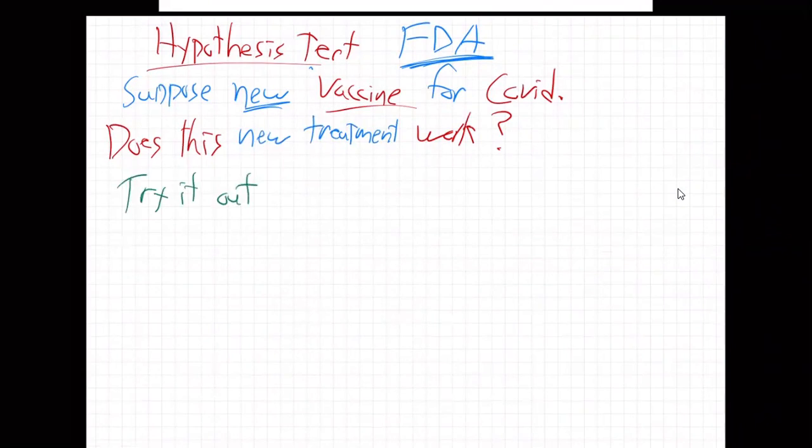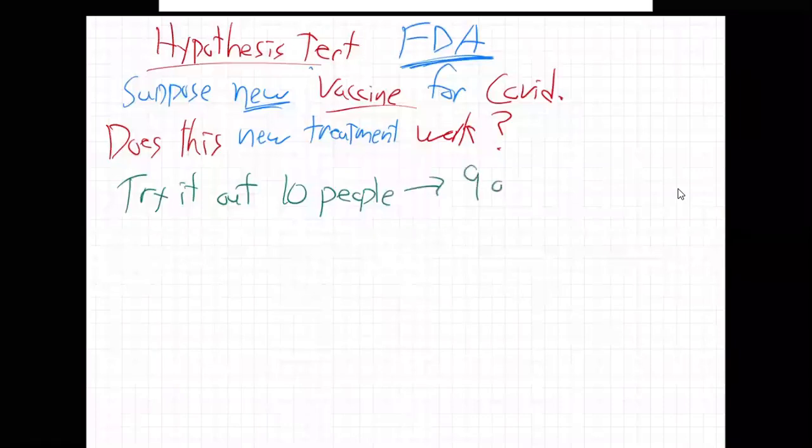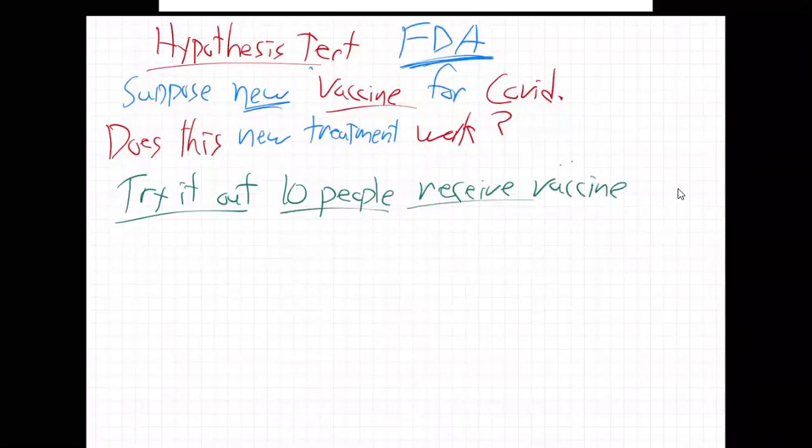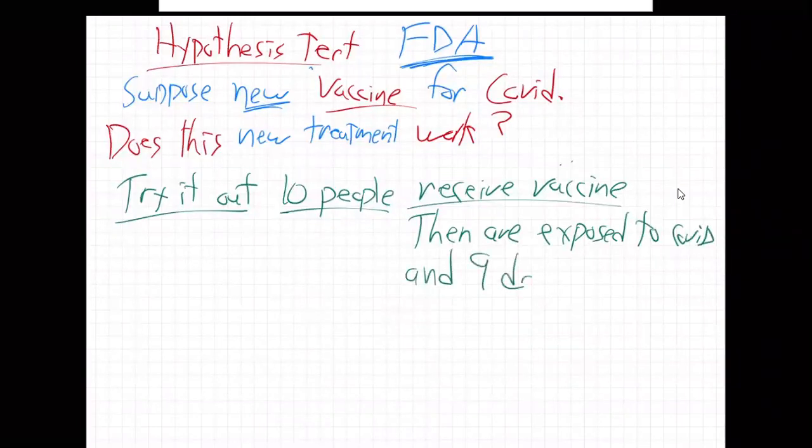Suppose they give it to 10 people. 10 people receive the vaccine, then are exposed to COVID, and 9 do not get sick. 1 does. Let's say 1 does get sick.